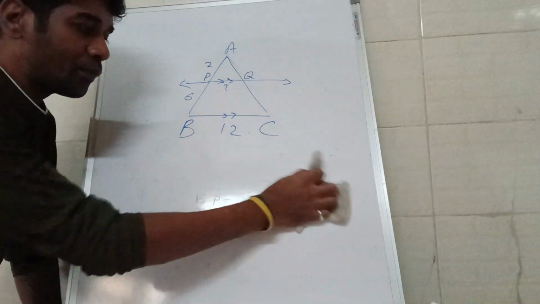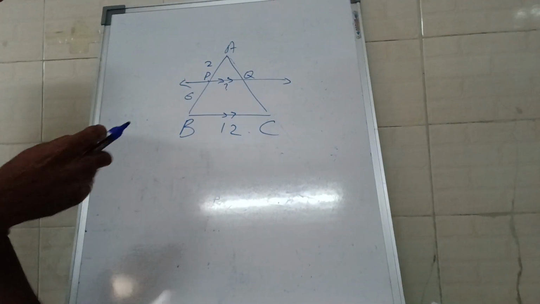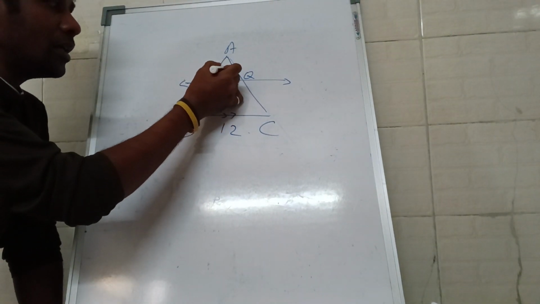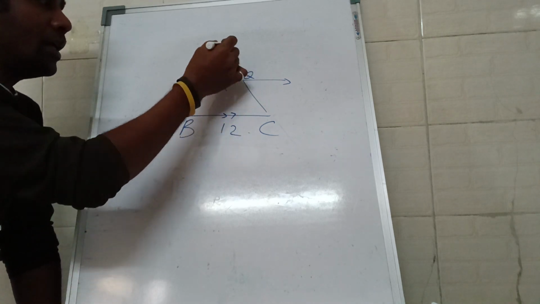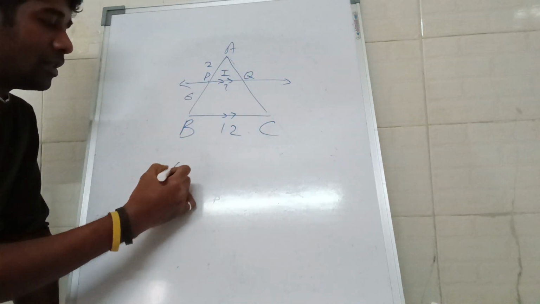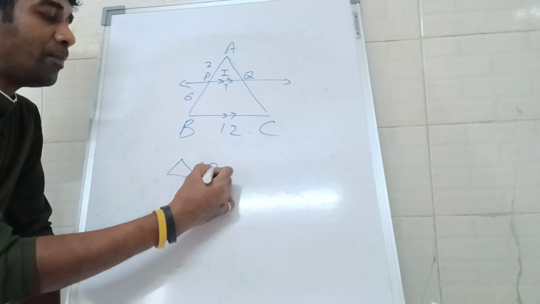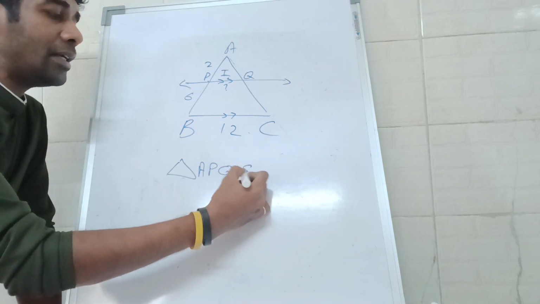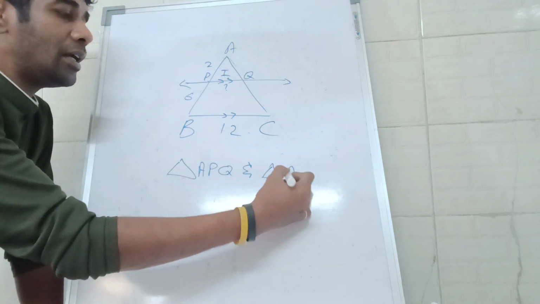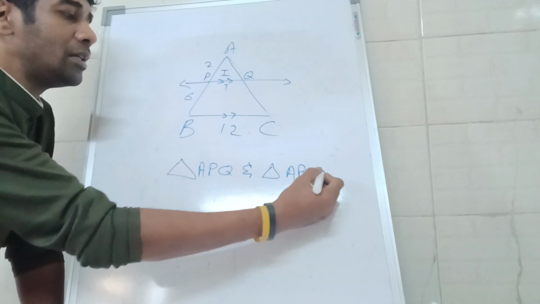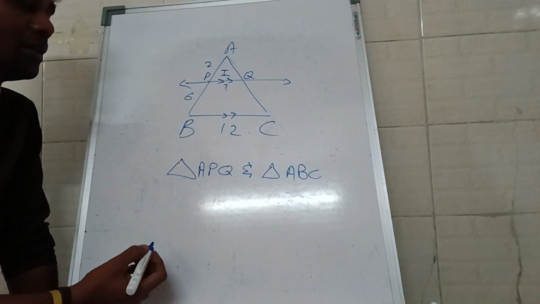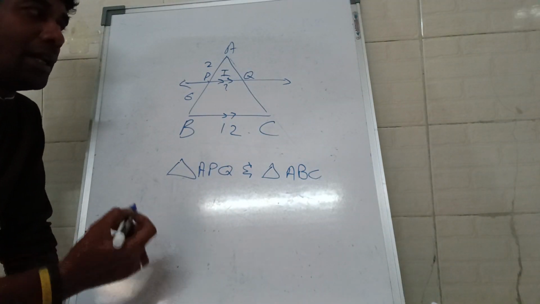Here, I will first take triangle APQ and triangle ABC and prove they are similar by a test called the angle test.